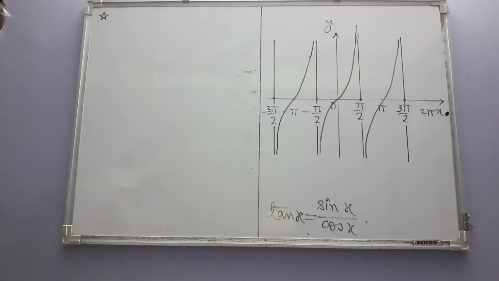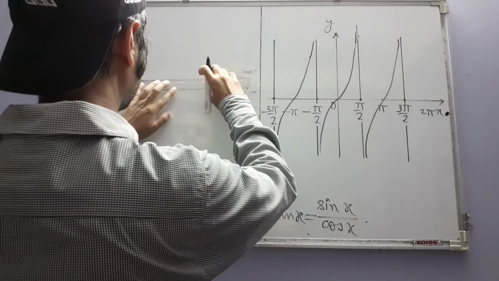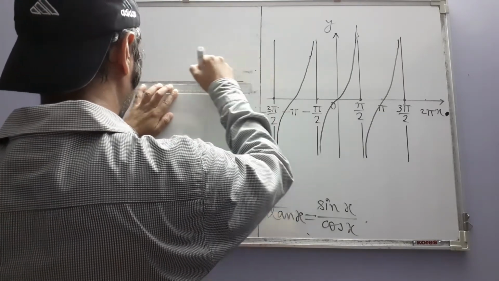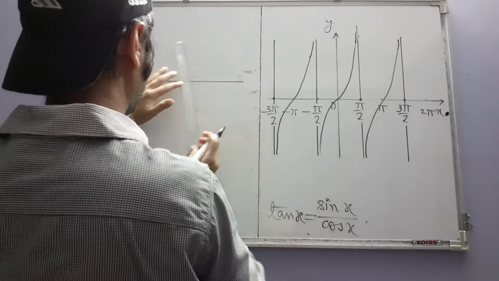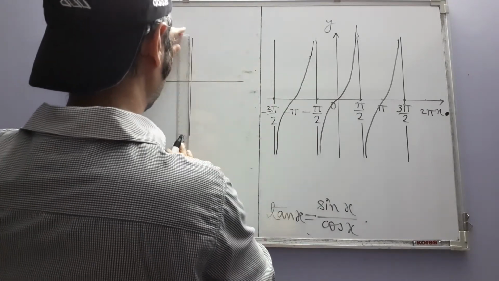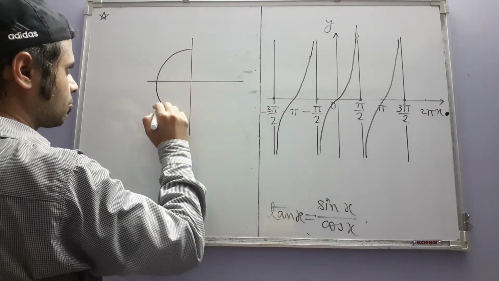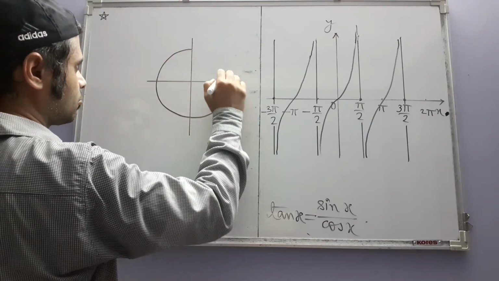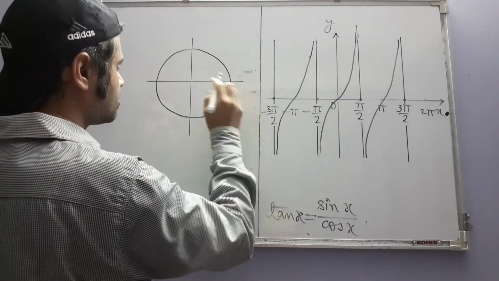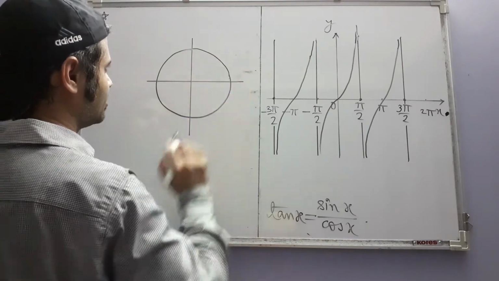So we are going to go back to the definition of these functions, which involves that unit circle, which is not a circle in fact, but you have to understand that it's a circle.